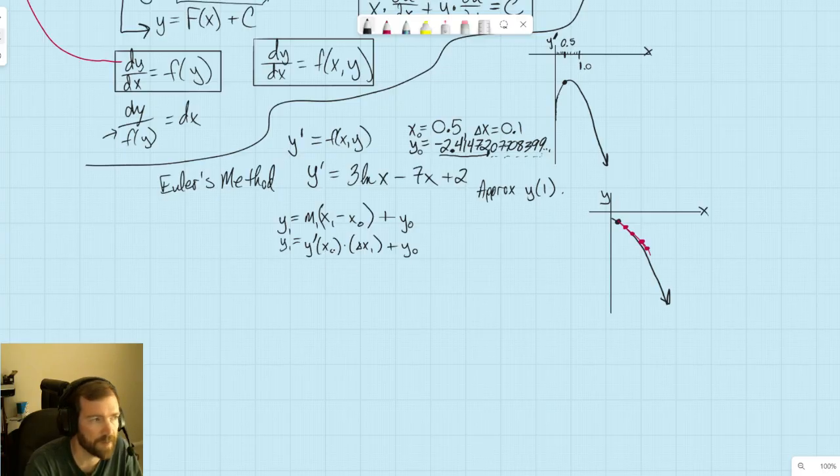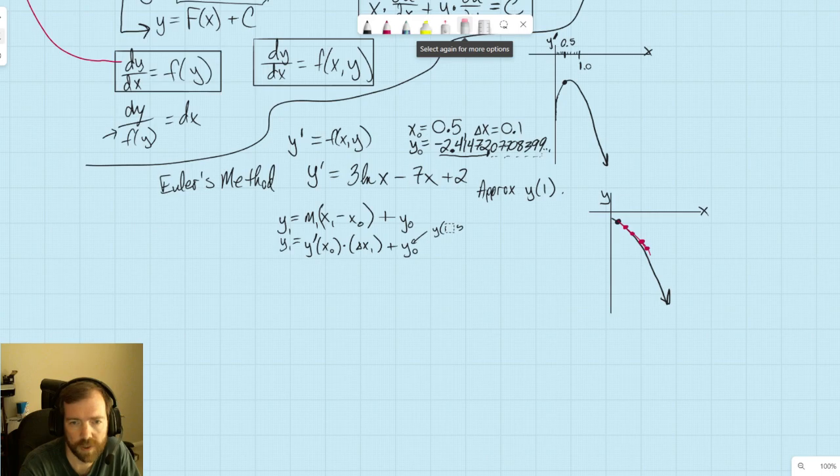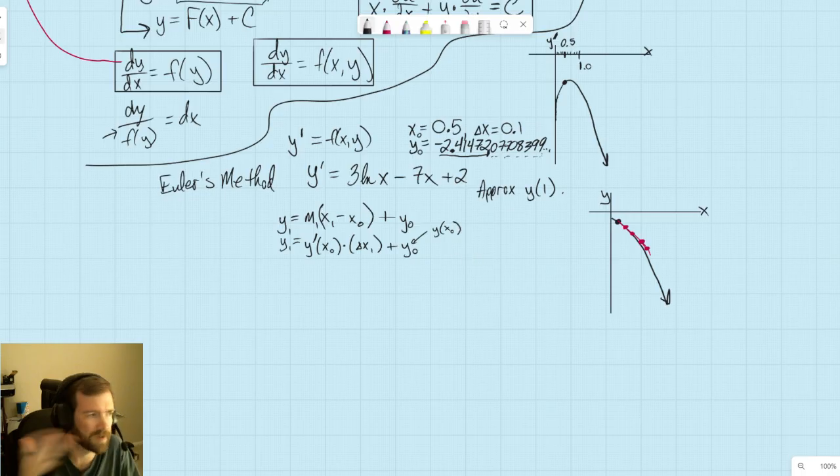So y prime at x0. Well, we have x0 is 0.5. Or just the function y at x0. We could play around with notation all night.